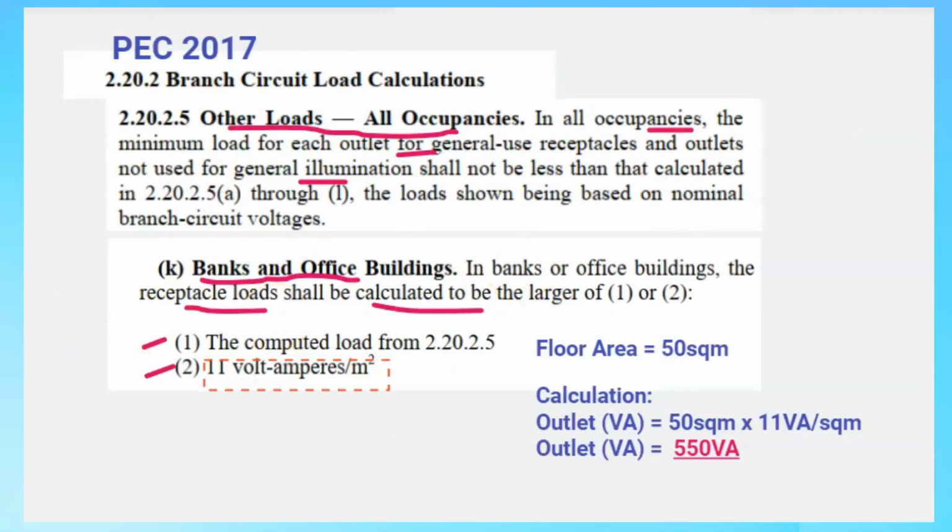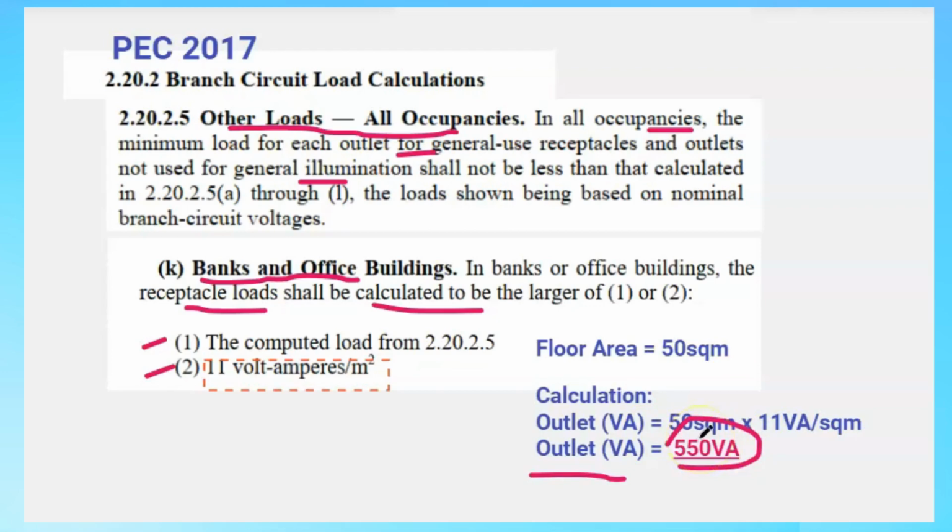Okay, so assume we have a floor area of 50 square meters. To calculate the VA for outlets, that is 50 square meters times 11 VA per square meter. So we have an outlet load of 550 VA. If you compute how many outlets that is in terms of VA per square meter, that is almost 3 outlets.